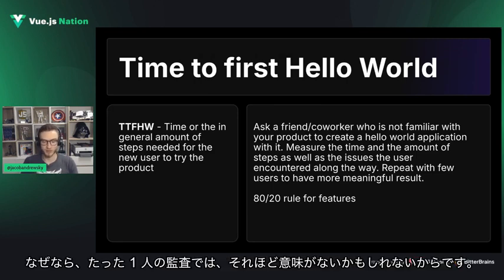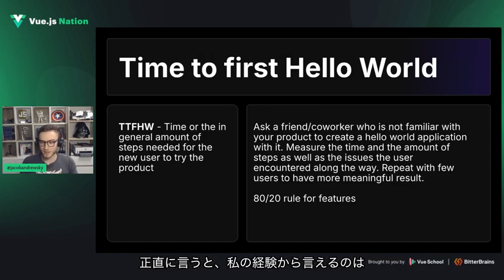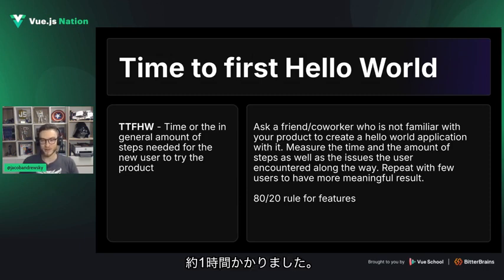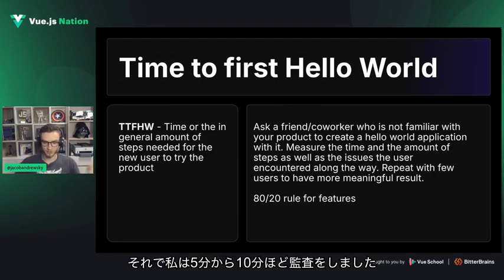And honestly, I can tell you from experience, because I was doing such experiments or audits, and it took me around an hour. So I audited a few people for 5 to 10 minutes.